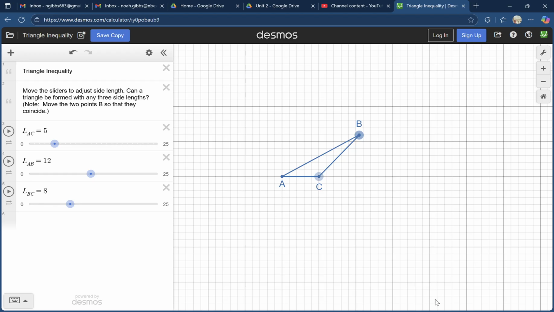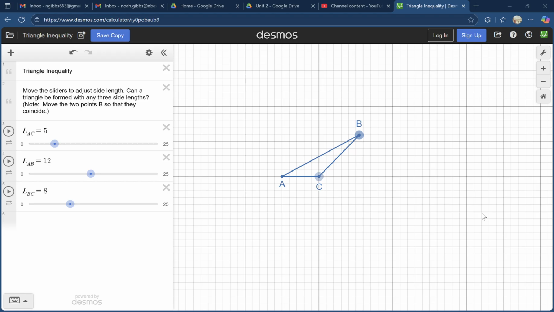With that though, what you're going to notice is any value that's less than that is not going to work. So I'm going to do a little subtraction here: 12 minus 5, which is 7.